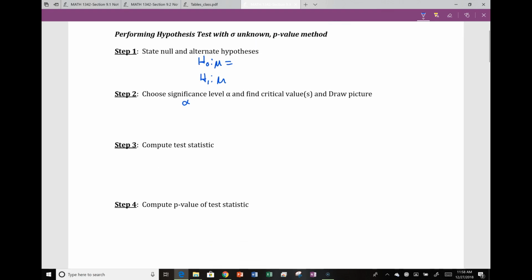We're still going to compute a test statistic, but in this case it's going to be a t-test statistic. That t is going to look like x bar minus mu, divided by the sample standard deviation over the square root of n. These are calculated the exact same way as the z was in the previous section. The difference here is the t.